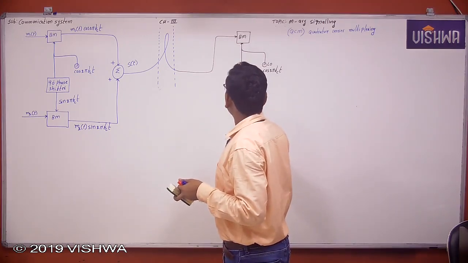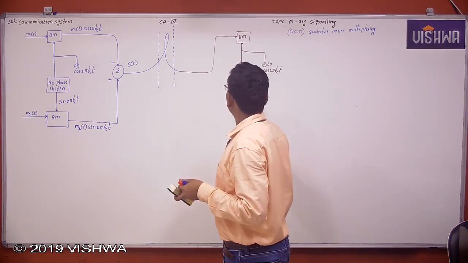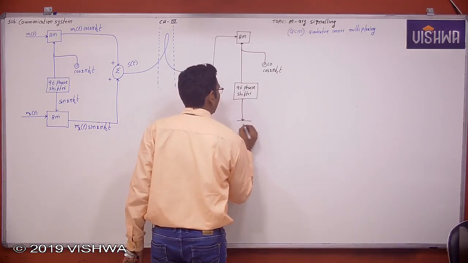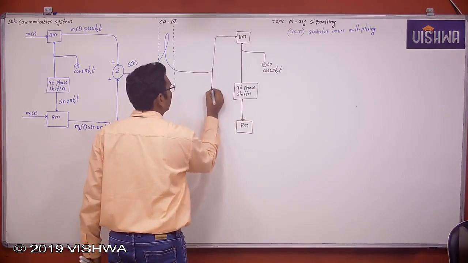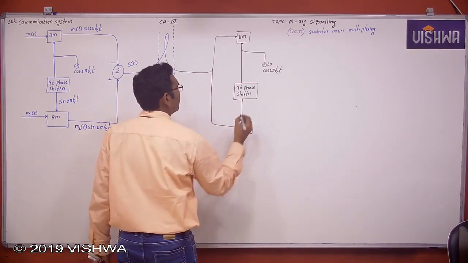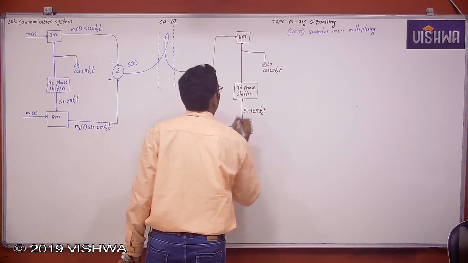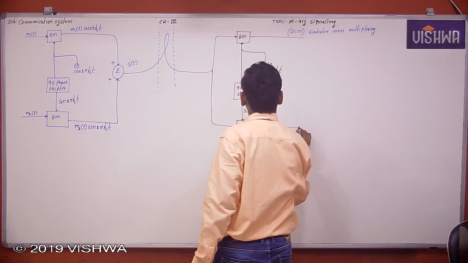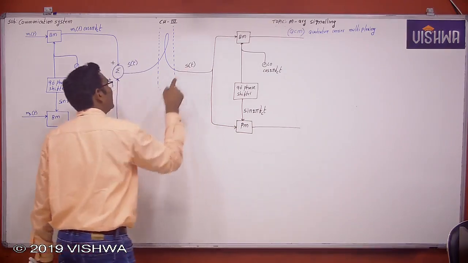Now this is the same carrier frequency which undergoes a phase shift of 90 degrees, 90 degrees phase shifted. Now this is the product modulator. Now we'll check. Now this is the quadrature carrier multiplexed signal here.